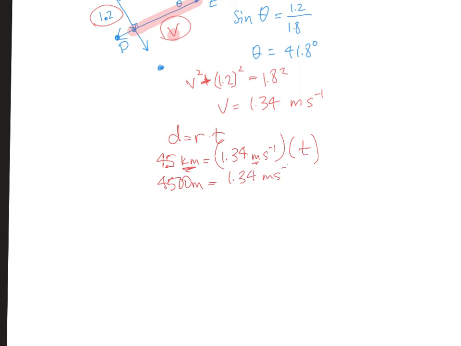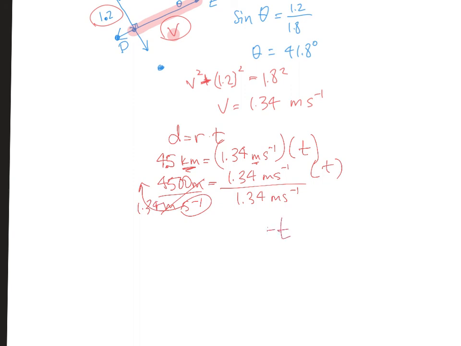4,500 meters equals 1.34 meters per second times t. And if I divide by 1.34 meters per second, the meters cancel out and the seconds end up going up. And I forgot the number, 1.34. There we go.